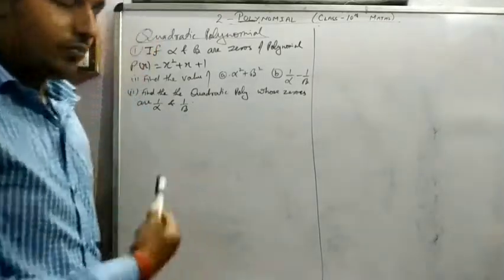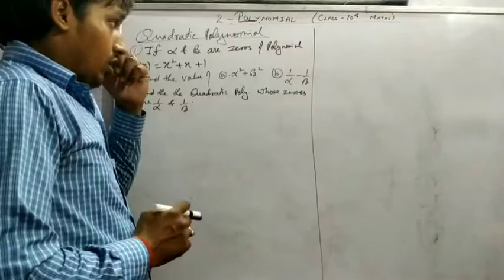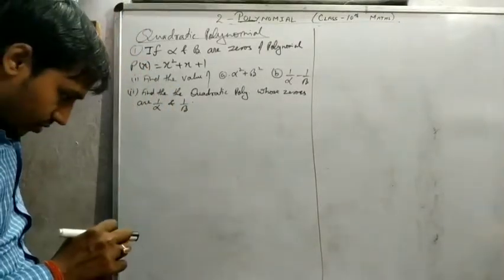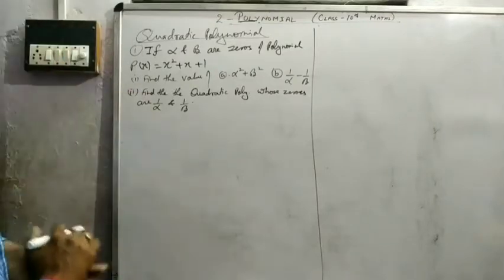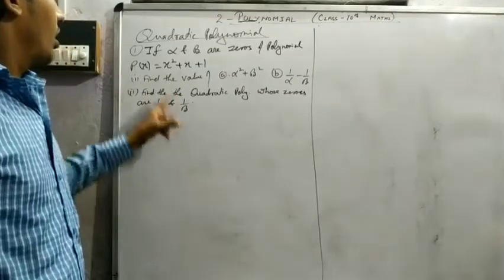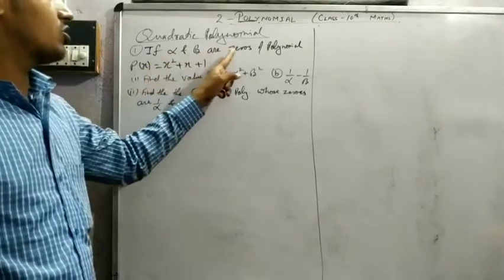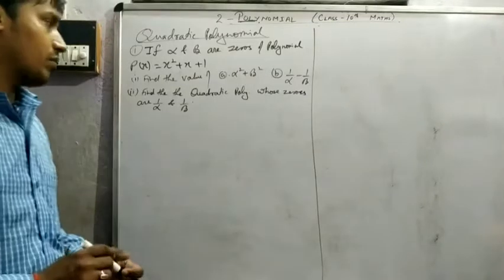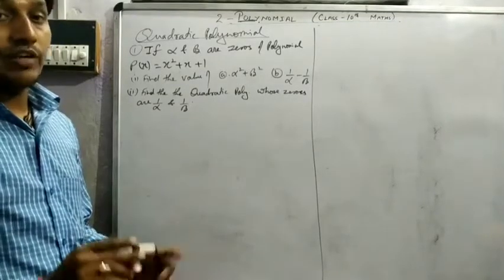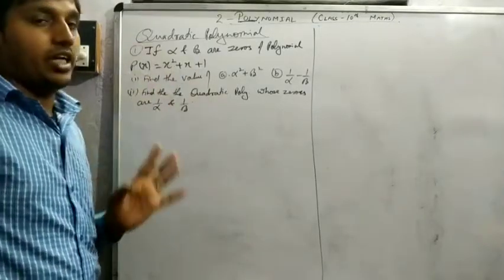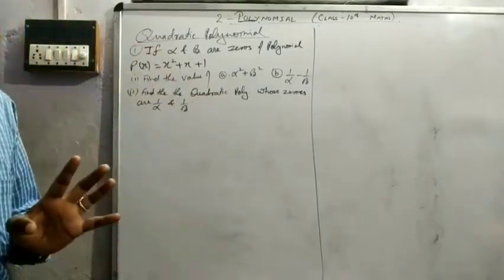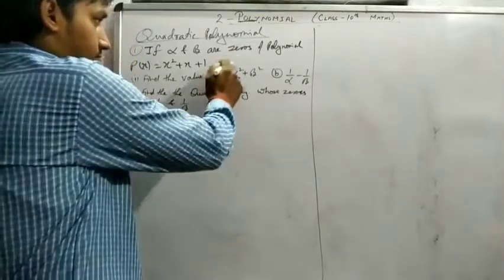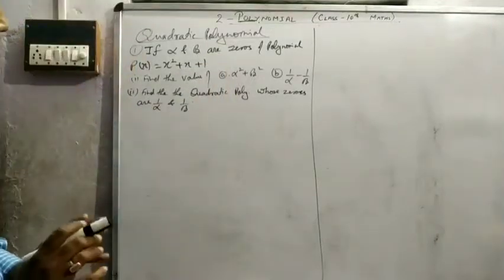So take one more example, different from the previous question. If alpha and beta are zeros of polynomial p of x equals x square plus x plus 1, it can't be factorized directly. After chapter 4 you can solve this, but at this time you don't know how.